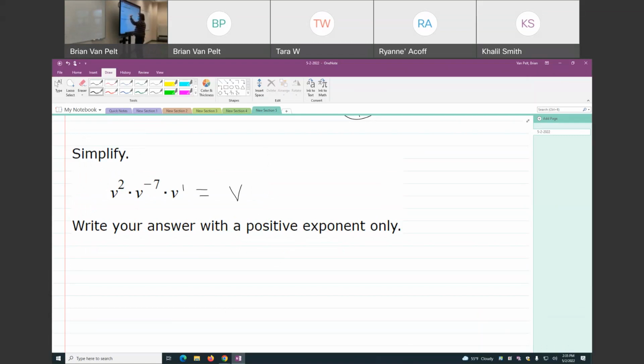I would write it as v to the 2 minus 7 plus 1. You agree that that's with that? Still on the same base. What I would end up with then is v to the negative 4th. It's equal to 1 over v to the 4th.